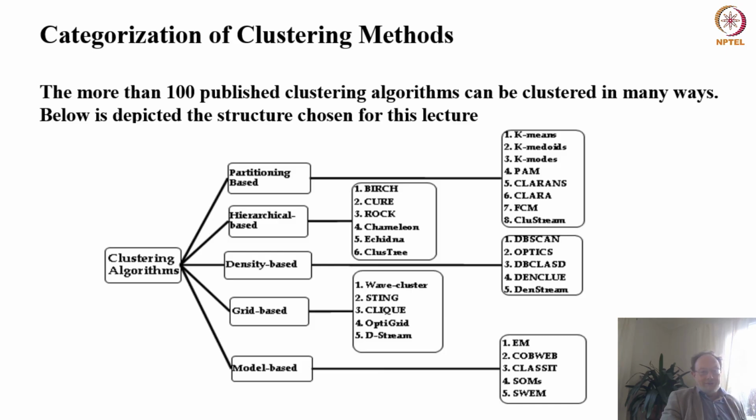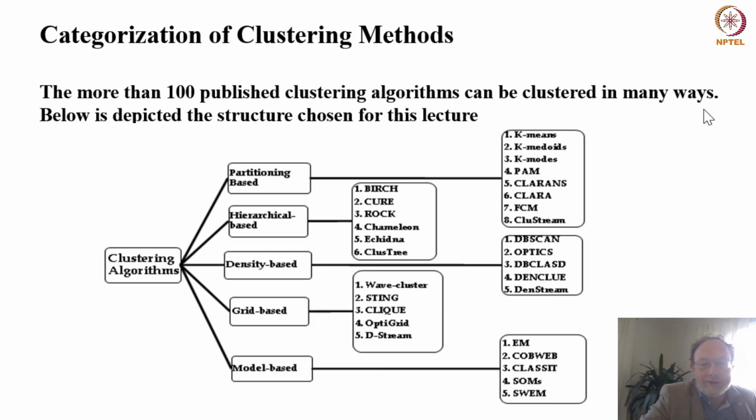The categories I've chosen as most natural are partitioning-based, hierarchical-based, density-based, grid-based, and model-based. And as you can understand, all these hundreds of clustering algorithms can then be associated with any of these categories.